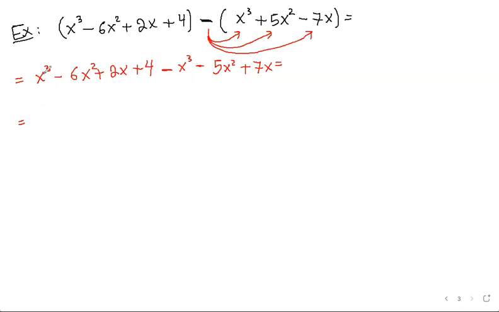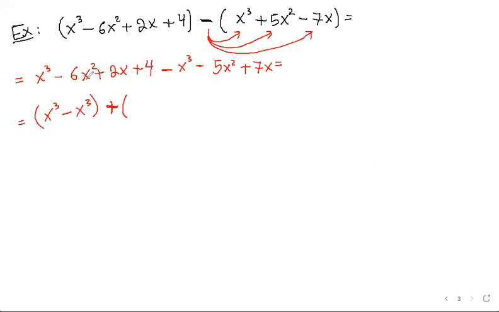The same power, x to the power 3, we combine with this x to the power 3. So x to the power 3 minus x to the power 3, plus.